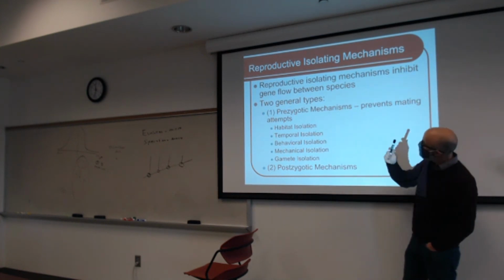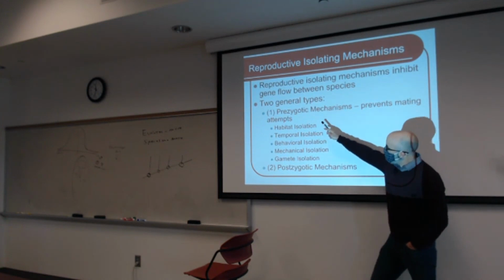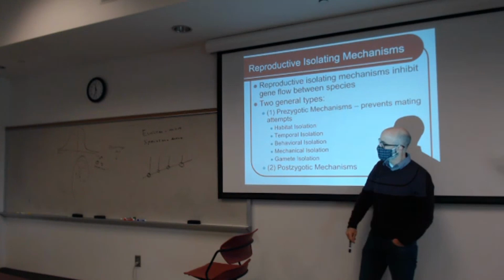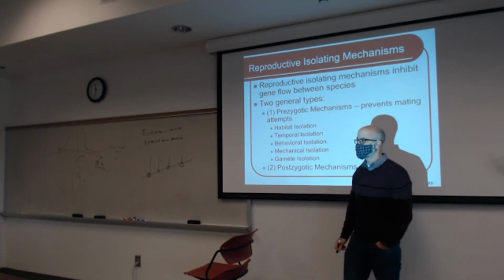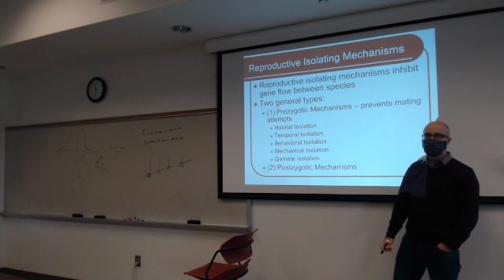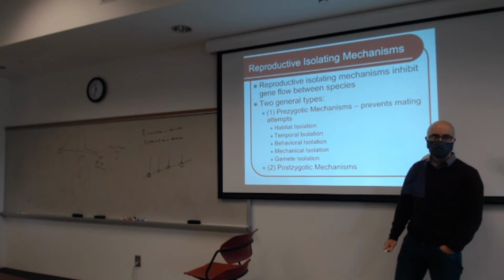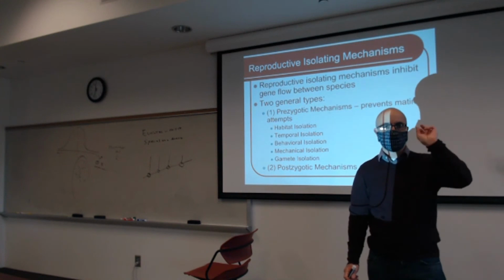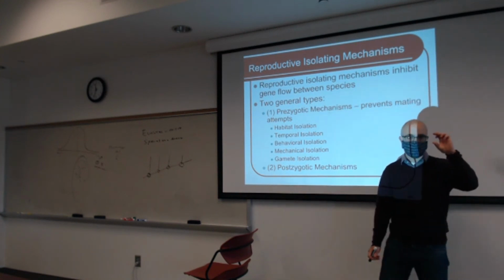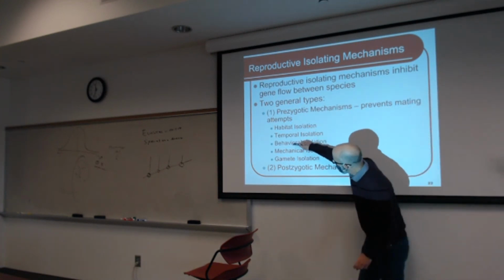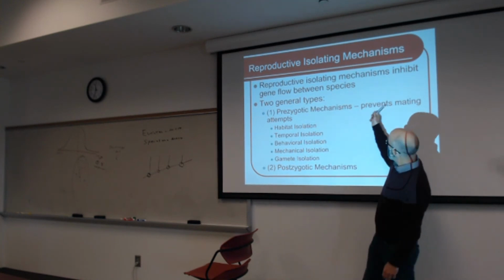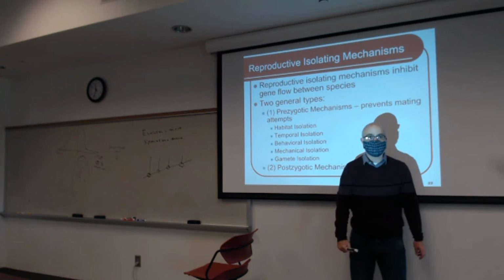Okay, two general types. Then we have, what is a zygote? You guys remember what a zygote is? So that's a really early stage of development. Right after fertilization, we have the zygote. Okay. So these types of mechanisms keep species separate by preventing mating from ever happening.